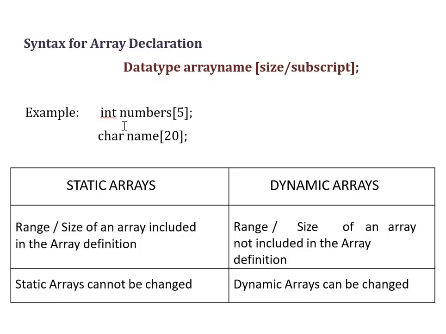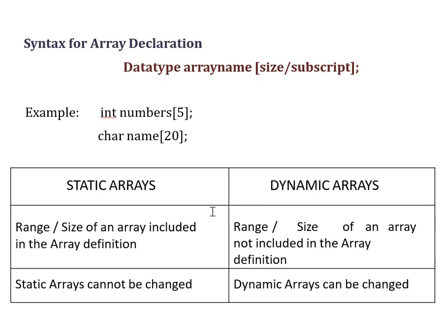For instance, you could see here integer numbers of 5. It means numbers is an array having 5 elements and all the elements are of type integer. Similarly, you have character name of 20, meaning you have a character array whose variable name is name. It is having 20 elements, or it may have up to 20 elements. That is your array declaration.